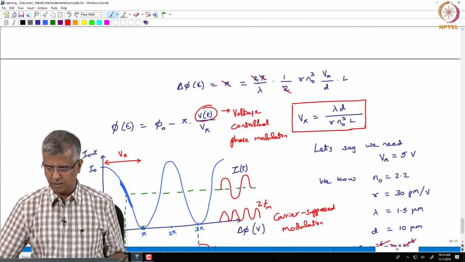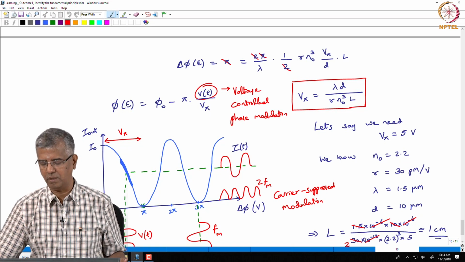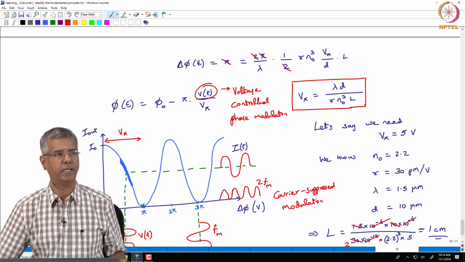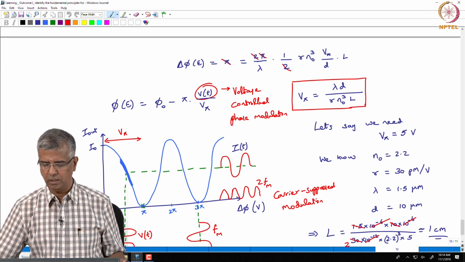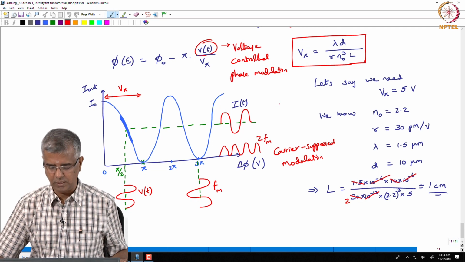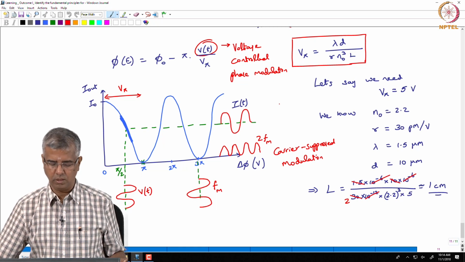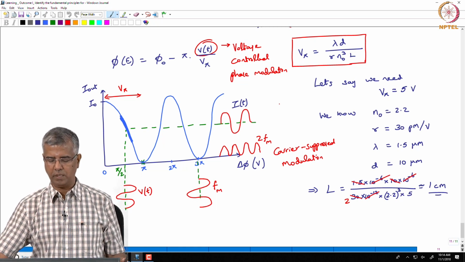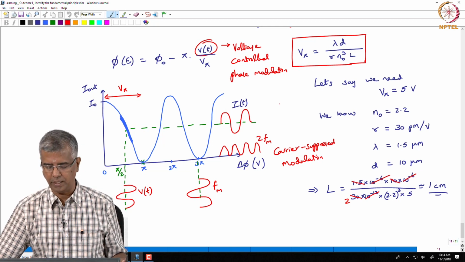So we were trying to get an expression for V pi, that is the voltage required to achieve a pi phase change through this material, and then we looked at the output intensity of the Mach-Zehnder. We said that it is dependent on the phase change that we have created, which is a function of the voltage that we are applying.